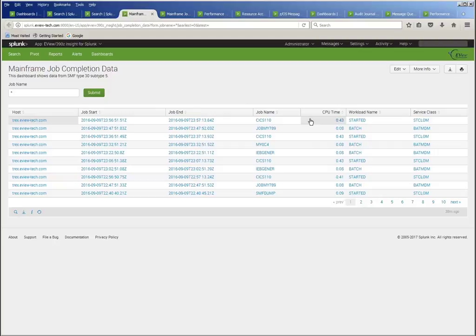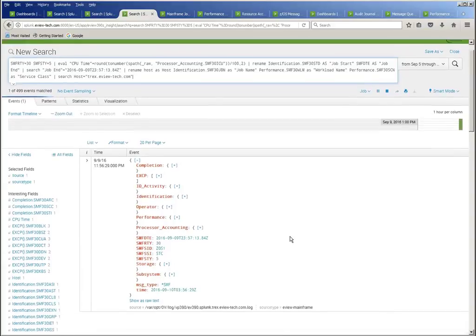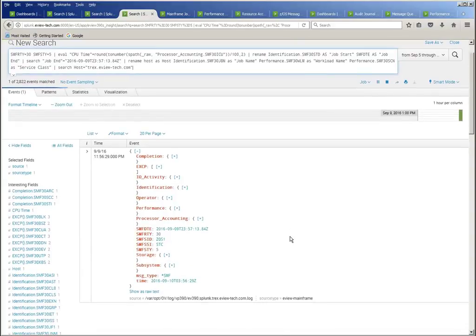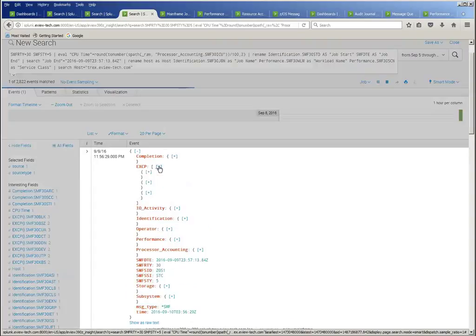And on z/OS systems, if you're using workload management, you can see which workload and service class that job was running in. We can also drill down and see additional information about the jobs that's not shown on that particular dashboard.